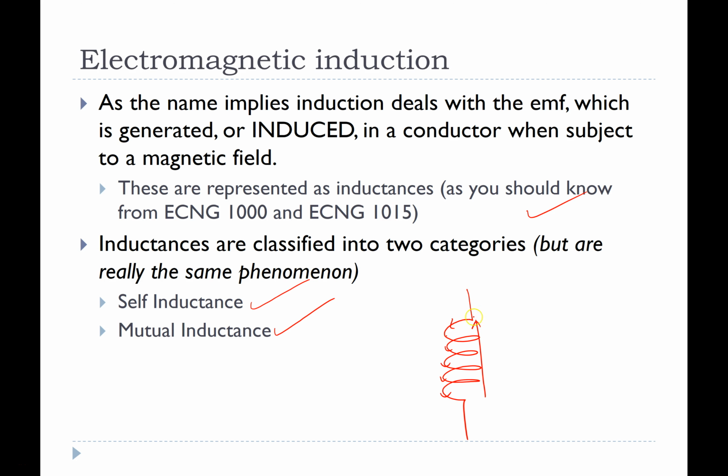What you're looking at now is a coil of wire, and it's going to induce an EMF in a coil somewhere else. So it is a mutual inductance because the current in this coil creates an EMF across this one, and the current in this one contributes to the EMF across the first one. So it is mutually inducing voltages.